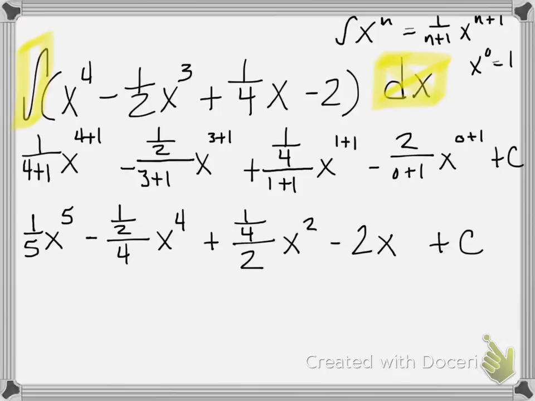Okay, and if we go through and clean this up a little bit more, it's going to be 1/5 x to the 5th minus, and like we said before, you keep the top fraction and change it to multiplication, and you flip the bottom fraction.